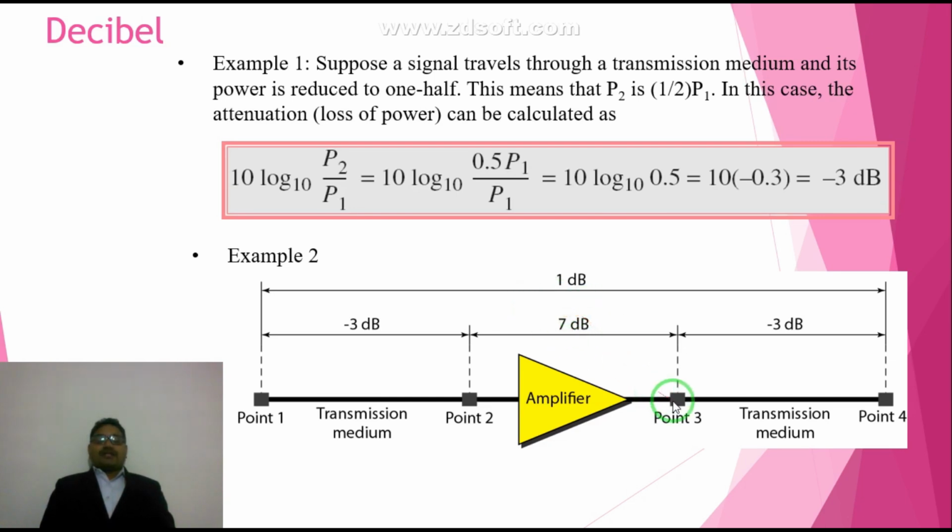And when it travels from point 3 to point 4, it has a loss of minus 3 dB. So you can calculate it just by minus 3 plus 7 minus 3. What do we get? Plus 1. So the resultant dB is 1 dB.